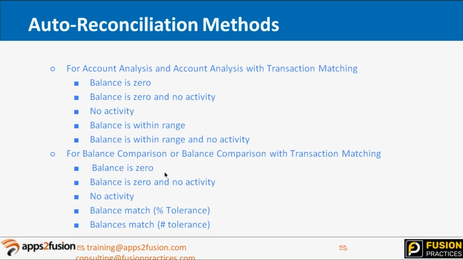Next is the auto reconciliation method for balance comparison. For a balance comparison with transaction matching, balance is 0, and balance is 0 and no activities. These two are for the balance is 0, no activity, and no activity account. For these, you can set a custom rule to obtain the correct results.